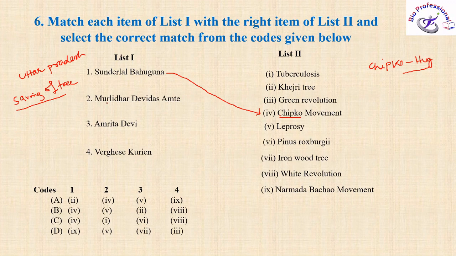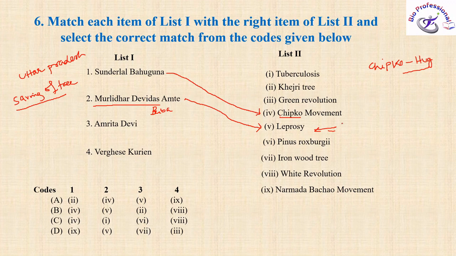Okay, next name is Murlidhar Devidas Amte, who is also known as Baba Amte. Again, this name is related to leprosy, because he did wonderful work on leprosy. I'm giving just a brief introduction, because otherwise it will take a huge amount of time.